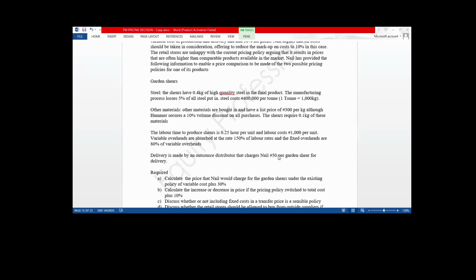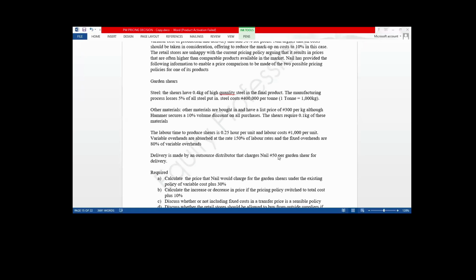The first requirement is to calculate the price that NE will charge for the garden spare under the existing policy of variable cost plus at 30%. In this case, we are going to try to identify all the variable costs of producing a garden spare.